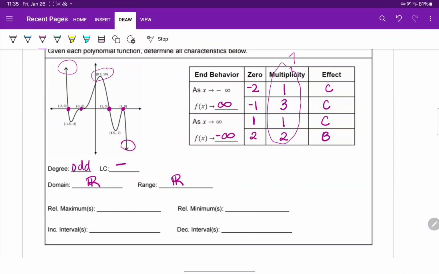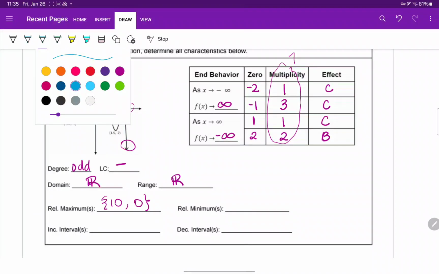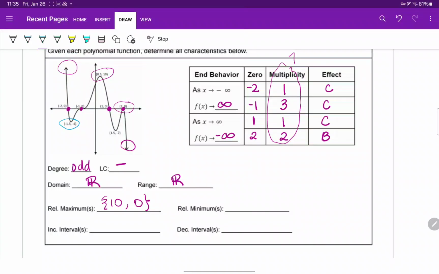The second maximum that I see, or peak, is sitting here. Remember, these are y values, so my relative maximums would be 10 and 0. My minimums are the lows, the bottoms of the peaks. So here is one, and then here is another. So my relative minimums would be -7 and -4.